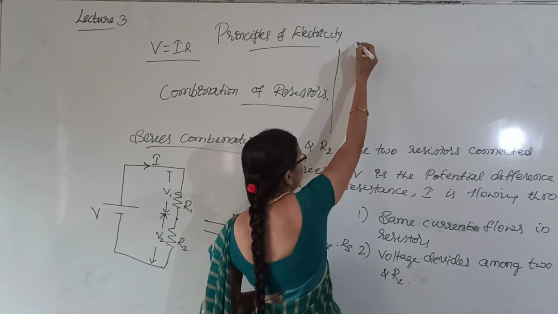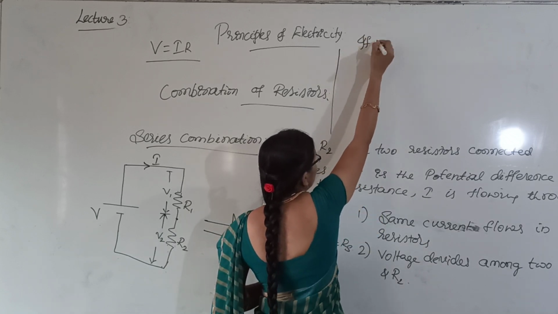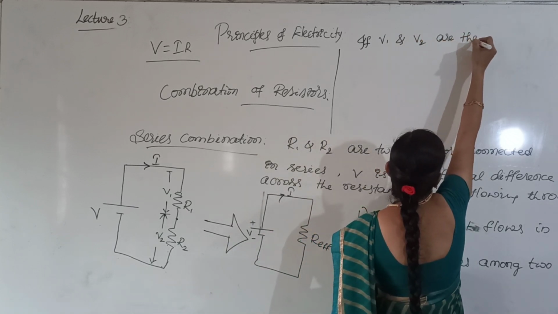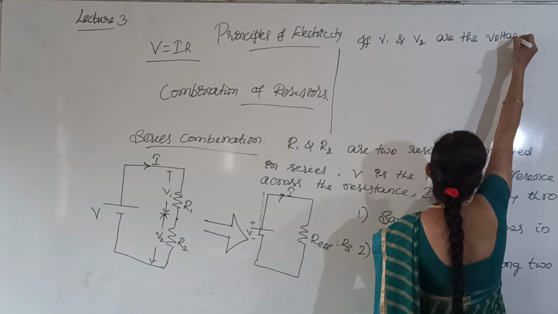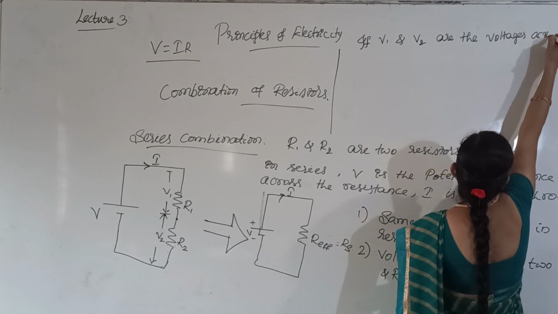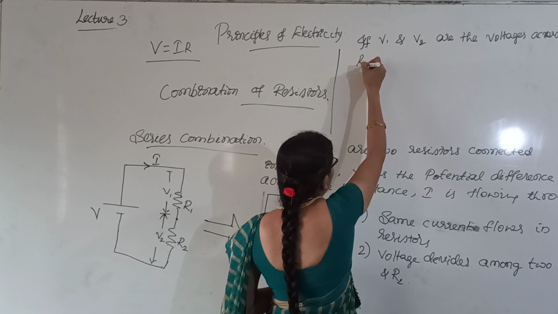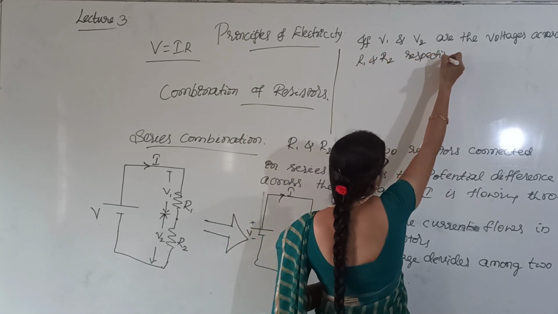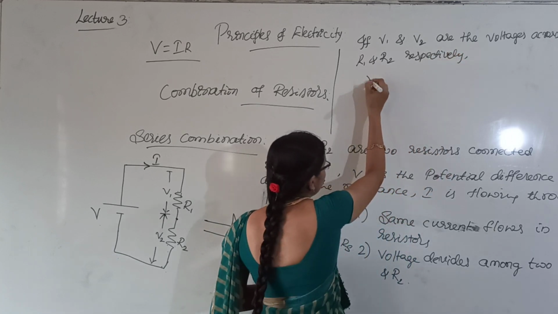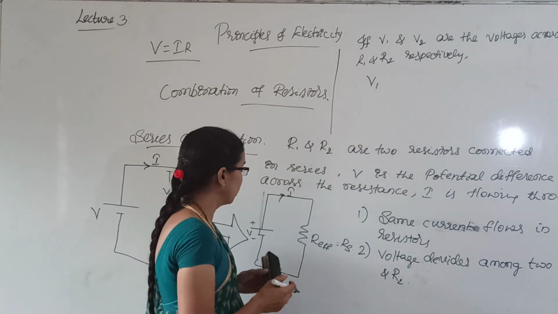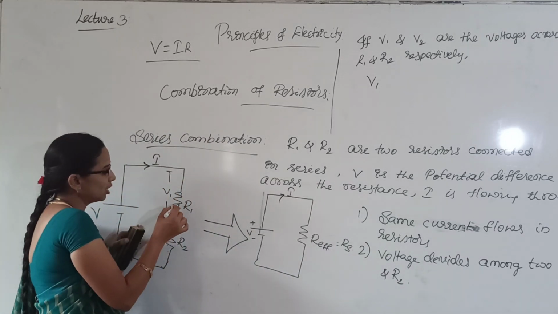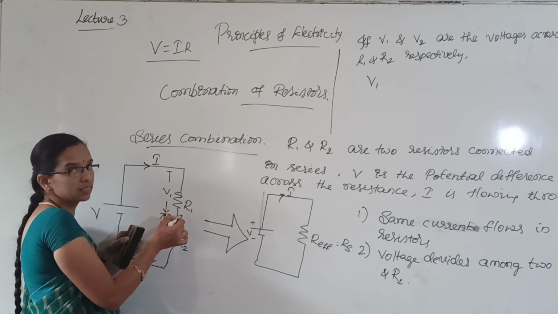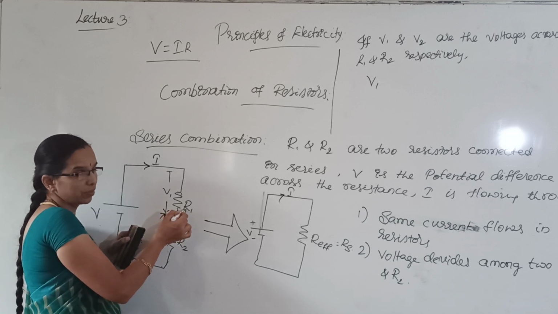After this, write down: if V1 and V2 are the voltage across R1 and R2 respectively, then from Ohm's law, the voltage across R1 depends on the value of the resistance, that is R1.